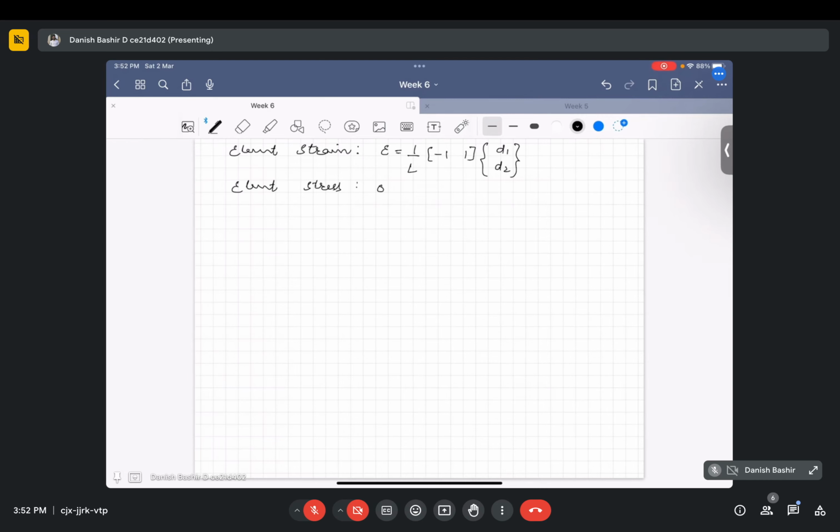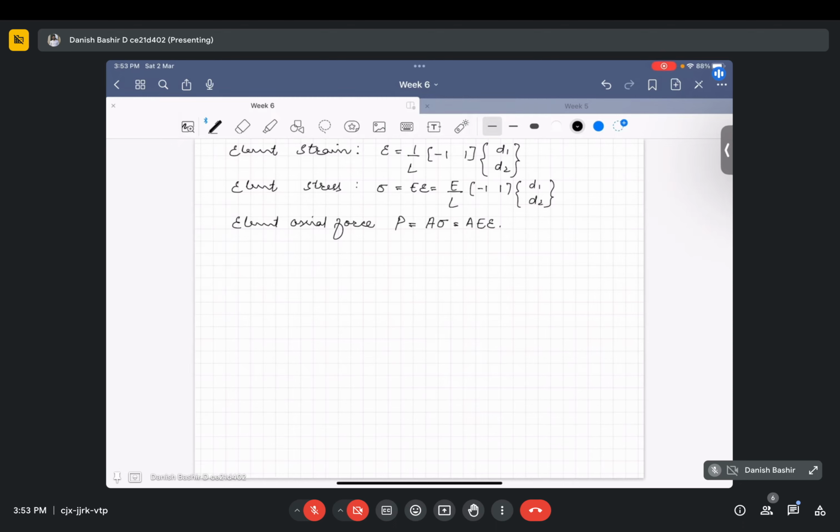Element stress sigma equals E epsilon, given as E by L times minus 1 1 times d1 d2. And element axial force P is given by A sigma, equal to A E epsilon. Okay, I hope you got these things.